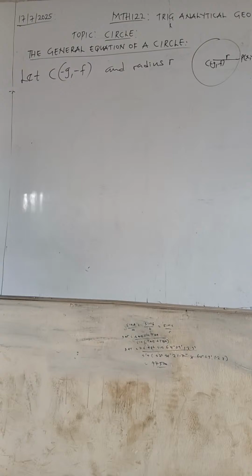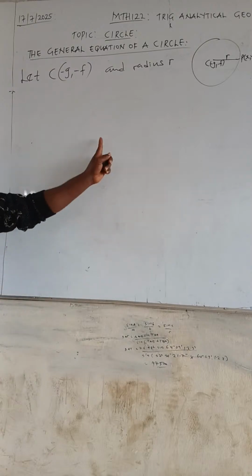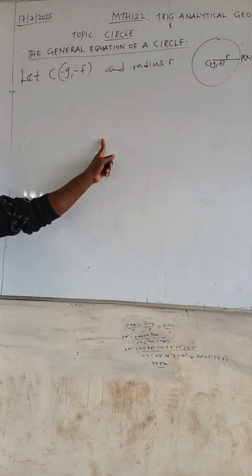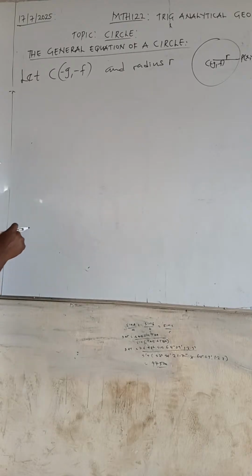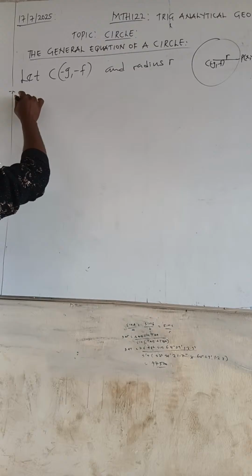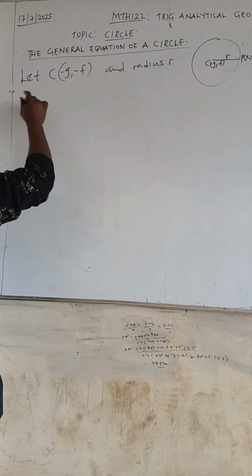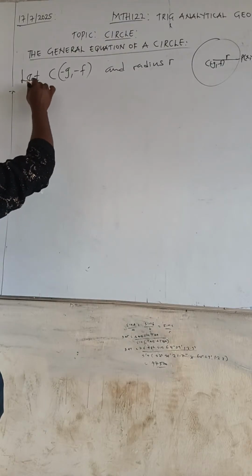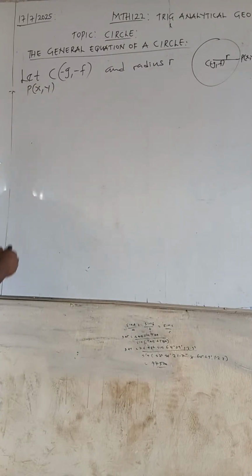So now let us go back to the equation we wrote before. True or false? So now it means we are going to have x and y at the point P. True or false?